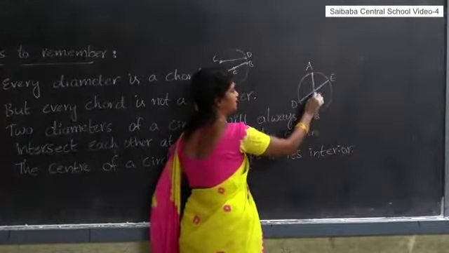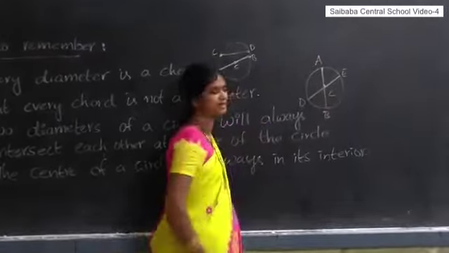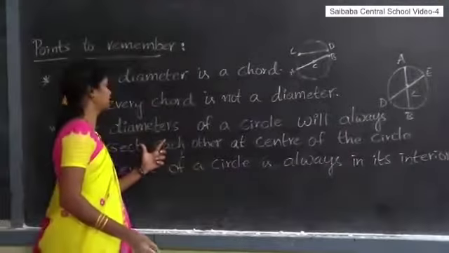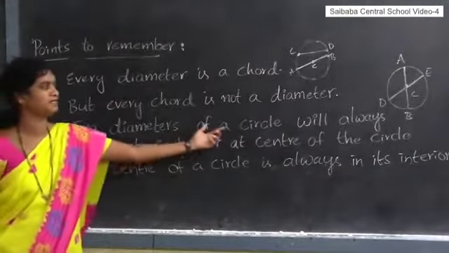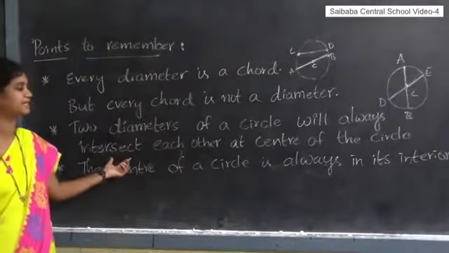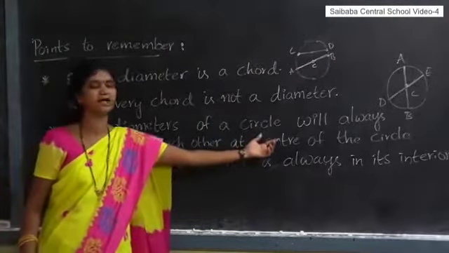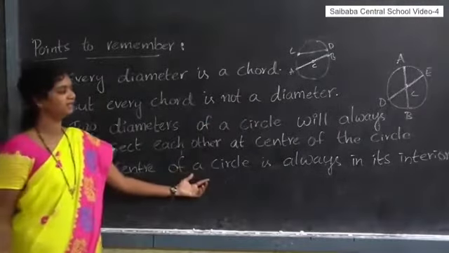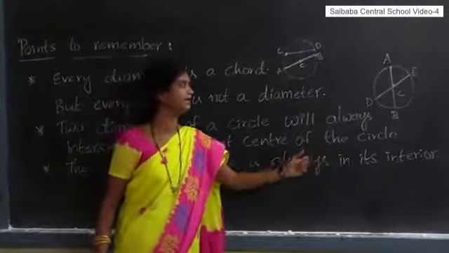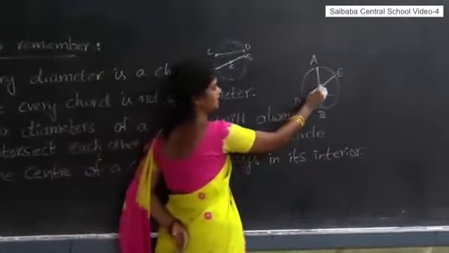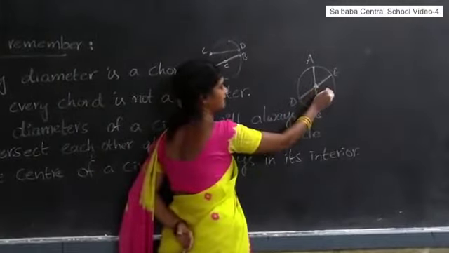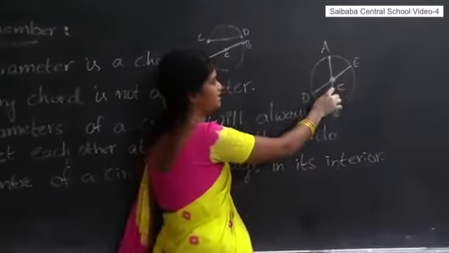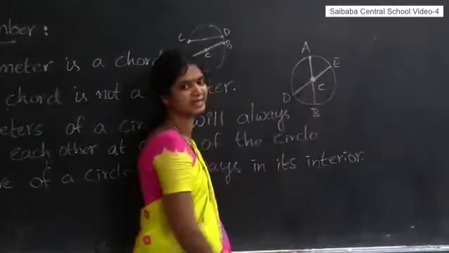Both the diameters are passing through the center. So the two diameters of a circle will always intersect each other at the center of the circle. Next, the center of a circle is always in its interior. So the center of the circle will always lie in the interior of the circle only.